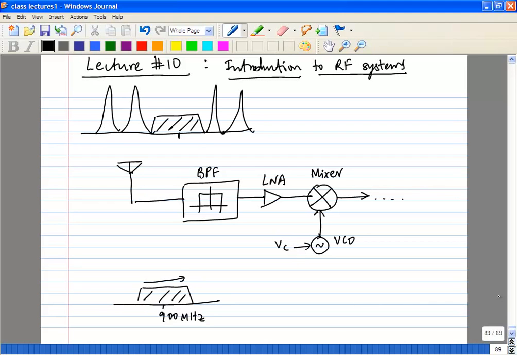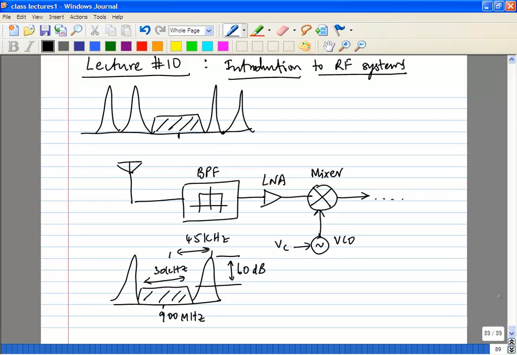Your actual bandwidth could be very small at this frequency, and your surrounding interferers could be very high. Your next interferer could be just 45 kilohertz away, and it could be something like 60 dB higher.